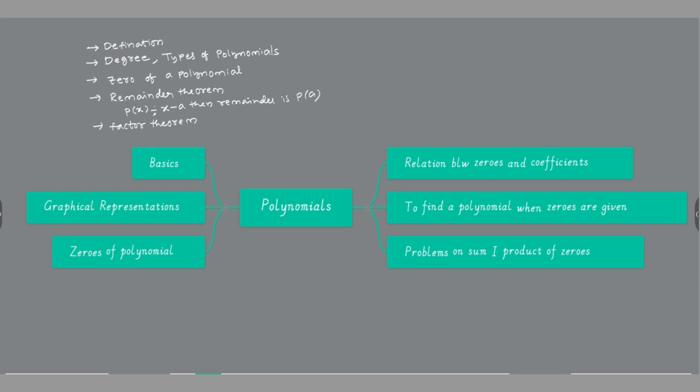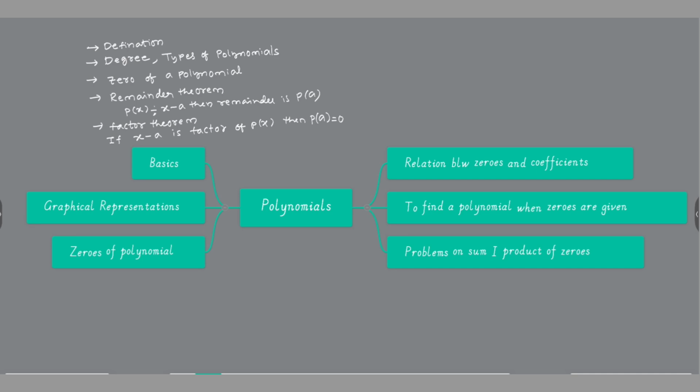What is the factor theorem? If x minus a is a factor of p of x, then p of a is equal to 0. This is the factor theorem. All these are concepts from ninth class.